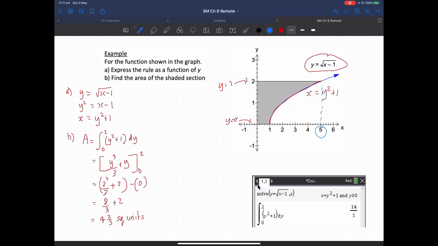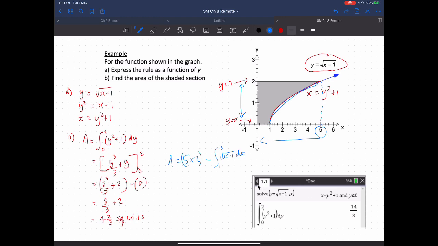So we could have said the area of the rectangle, which would be 5 units by 2 units, 5 times 2, minus the area under the curve we had, which would have been the area from 1 to 5, which would be the integral from 1 to 5 of the square root of x minus 1 dx. Equally, that would have given you the answer.